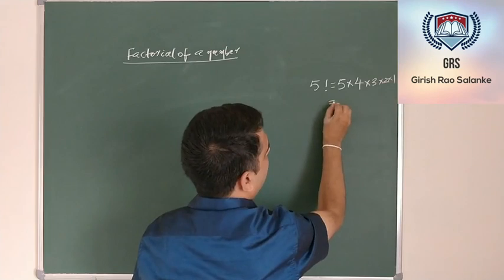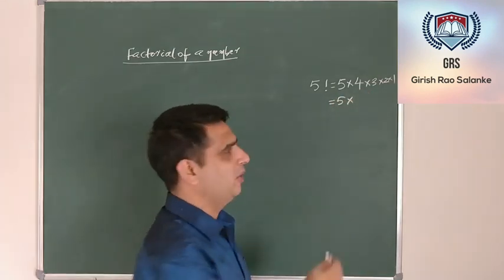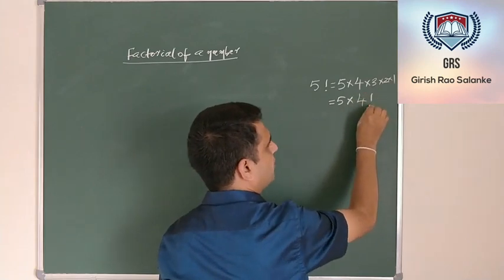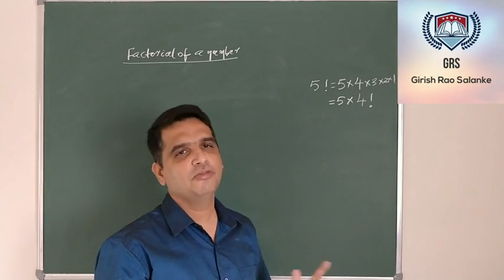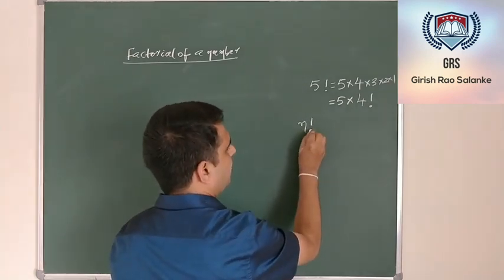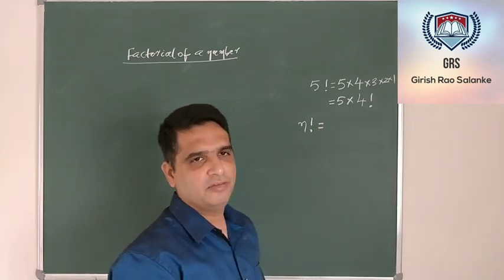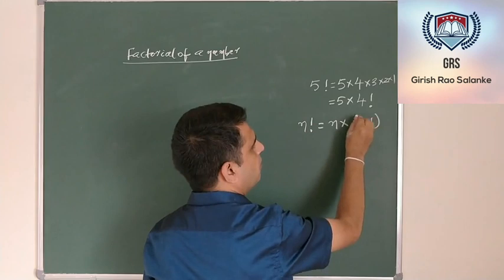Rather than writing it that way, I can just write it as 5 into 4 factorial, since 4 into 3 into 2 into 1 is 4 factorial. So I have expressed 5 factorial in terms of 4 factorial. In a more generic way, I can write n factorial as n into (n minus 1) factorial.